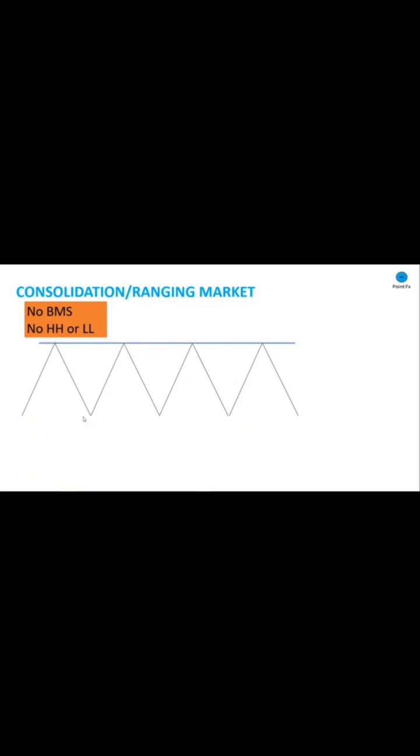If you draw a horizontal line below, you can still say that there is no clear break of market structure in this range and there is no clear lower low formed. So in the absence of any break in market structure either upward or downward, and in the absence of any higher highs or lower lows created, you can confidently say that the market is ranging. All right, so that is it about consolidation or ranging markets.